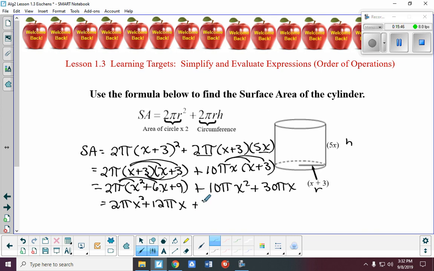And then 18 pi. So 2 pi x squared, 12 pi x, and 18 pi, plus 10 pi x squared plus 30 pi x.